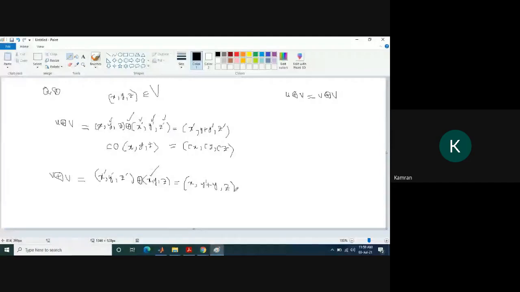So we see that equation number 1 is not equal to equation number 2.